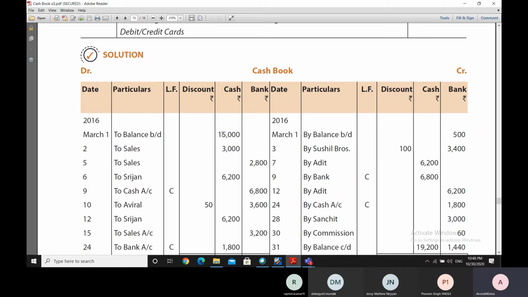The cash brought down balance is debited in the cash book here, and in the bank column there is an overdraft, so it is credited in the cash book in the bank column.